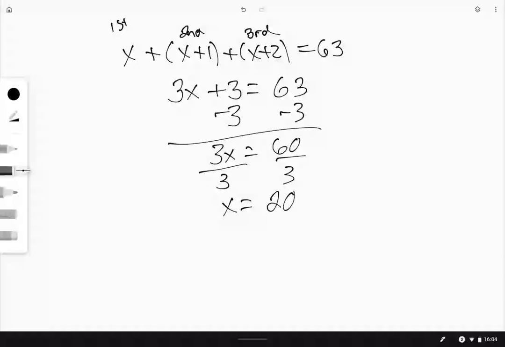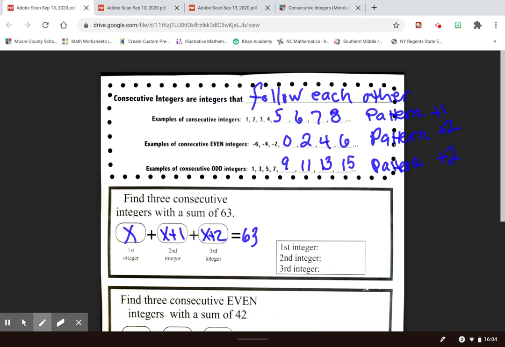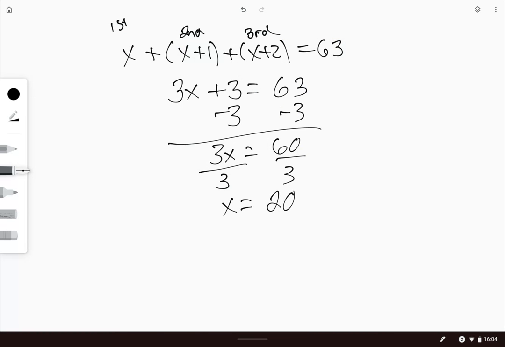So I come up with a number here of x equals 20. Okay, so if I go back to my worksheet here, my first integer x is going to be 20. Now my second integer is x plus 1. So 20 plus 1 is 21.